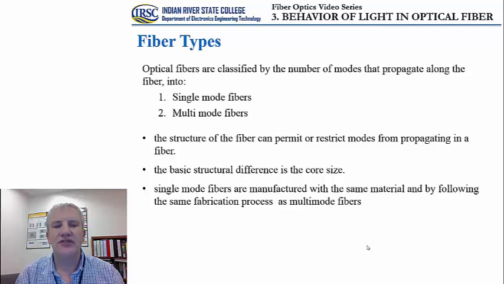It turns out that the structure of the fiber can permit or restrict modes from propagating in a fiber. The basic structural difference is the size of the core, or the diameter of the core. Single mode fibers are manufactured with the same material as multi-mode fibers, but the difference, as I already said, is the size or diameter of the core of that specific fiber.